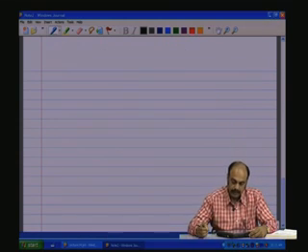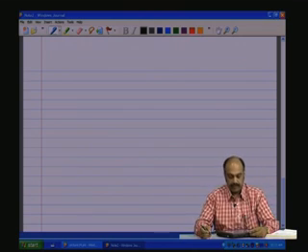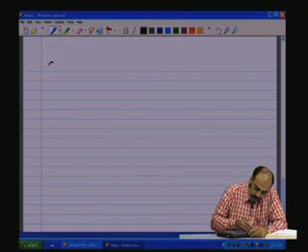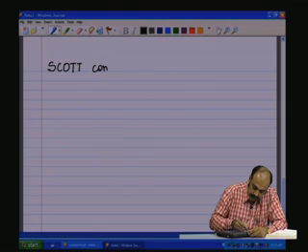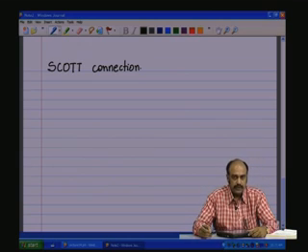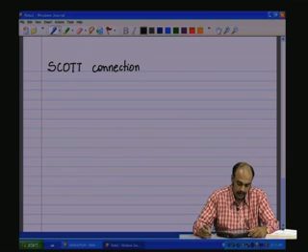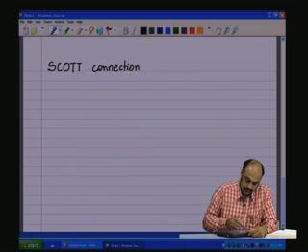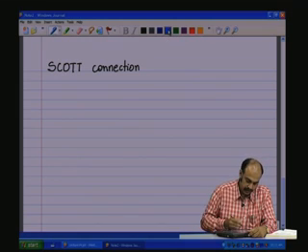Now, let us look at the second method, which is the Scott connection. This also is similar. We have two transformers.